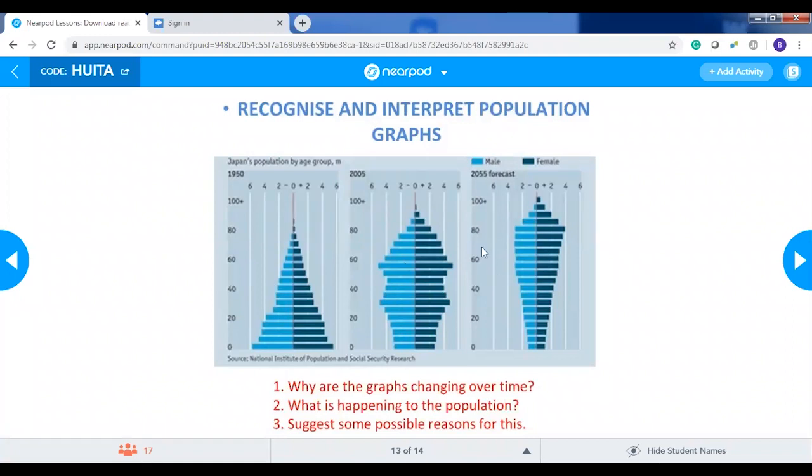And now, in the 2055 forecast, they think it will be lower and this graph will change shape. So births will be lower, but the human lifespan will be longer. Humans are going to live longer due to all the supply that is provided for the population.